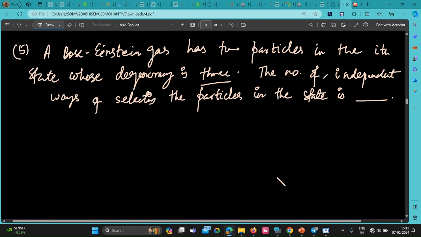Okay. So how to solve this question? Bose-Einstein gas has particles whose degeneracy is 3, so G is equal to 3. We need the number of independent ways of selecting the particles in the state.